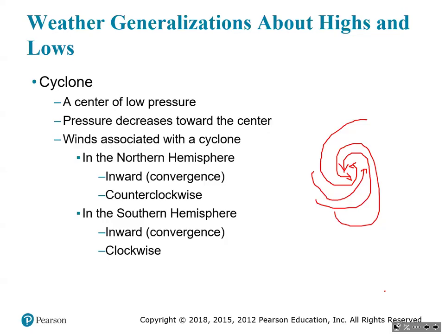But in the northern hemisphere, the winds associated with the cyclone converge inward and rotate counterclockwise. In the southern hemisphere, they still converge inward, but they rotate clockwise. So if you have a cyclone in the southern hemisphere, like in Cyclone Alley, outside of Australia, those will be rotating clockwise instead of counterclockwise.